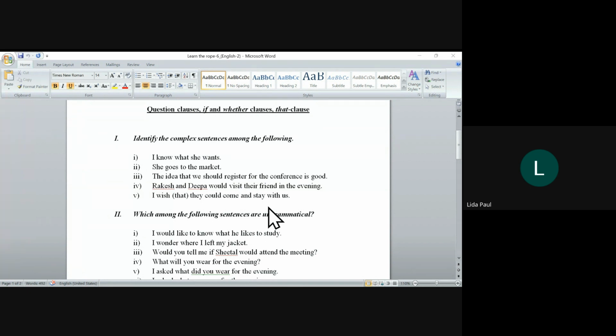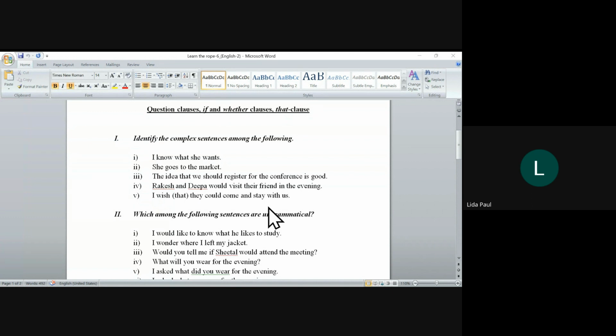We'll work on some of these questions. I hope you have a clear understanding of what clauses are and how they work. We are going to look at some special kinds of clauses. We already looked at a few of them, like the main ones: the adjectival clauses, the adverbial clauses, and the noun clauses. This classification was basically on the basis of the functions they perform in the sentence, based on what they modify and what information they provide about the rest of the sentence.